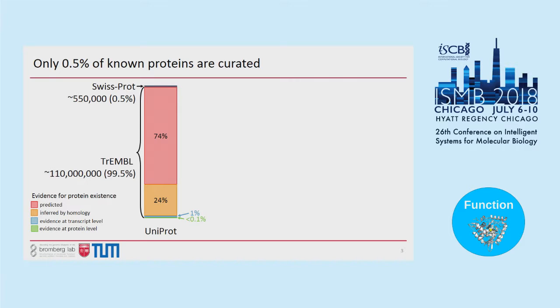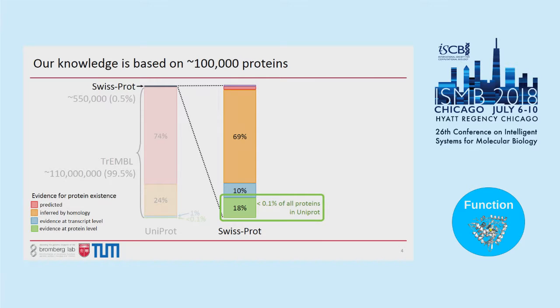Only about 0.5% of all those proteins are in SwissProt, which is supposed to be the well-annotated and curated part of UniProt. If I dissect that further, only about 20% of the proteins in SwissProt have experimentally validated existence, which means our whole knowledge of the protein world is based on those roughly 100,000 proteins.